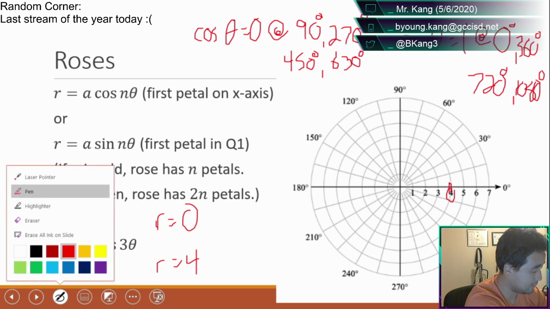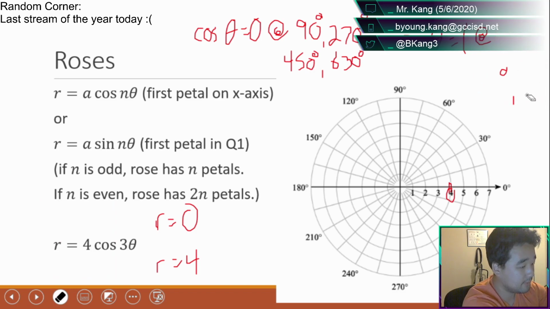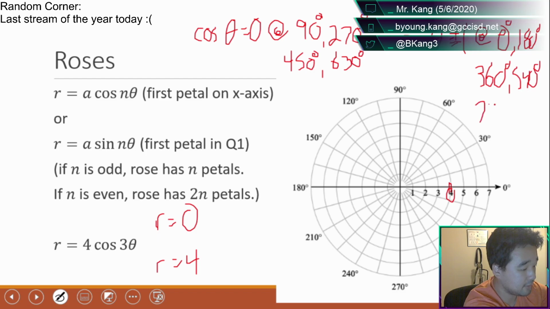Actually, let me rearrange it. Because we don't care if it hits plus or minus 4, right? Because a -4 would still have a radius of 4. It would just go in the opposite direction. So we'll just write a little plus minus and condense everything into one list. So 0 degrees, 180 degrees, 360 degrees, 540 degrees, 720 degrees. I think that's far enough. 900. Oh no, 900 gets covered. Okay.